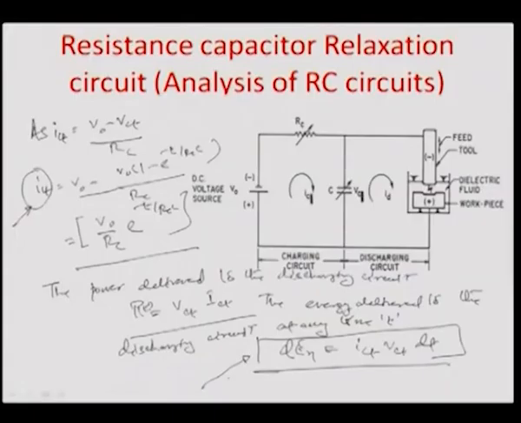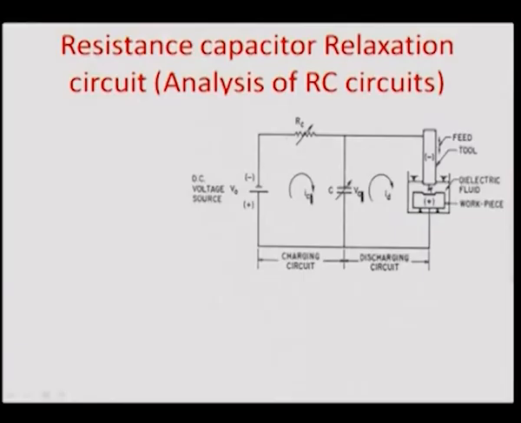So, let us now calculate the amount of energy which is needed by substituting the values of Ic(t), Vc(t), etc. in this particular equation. dEn therefore can be written as the value of Ic(t), V0 by R e to the power of minus t by RC, times Vc(t), which is V0 times (1 minus e to the power of minus t by RC) dt.